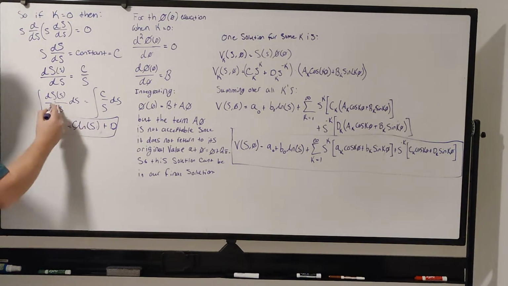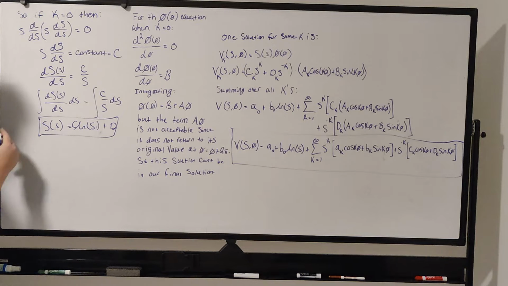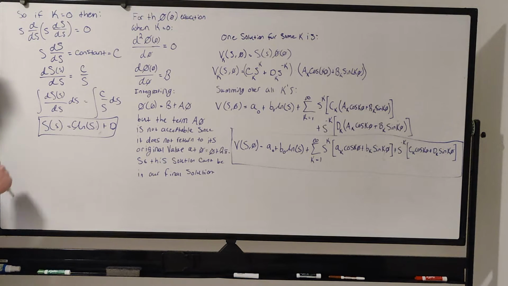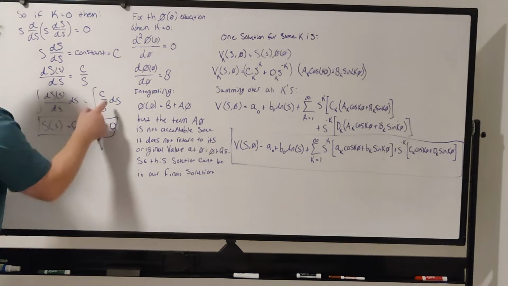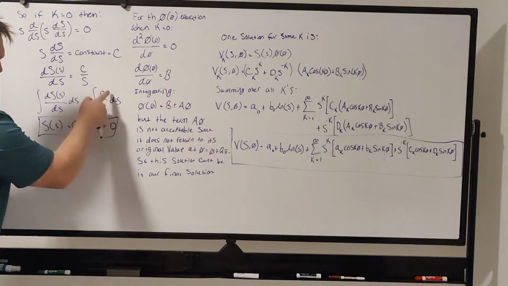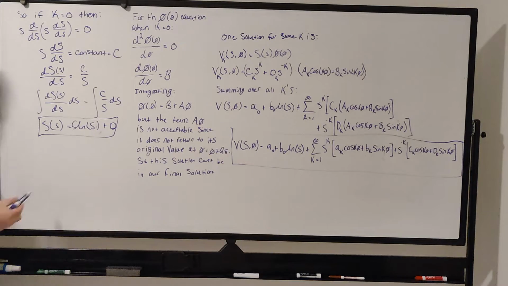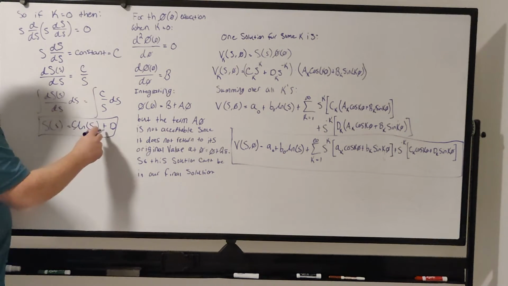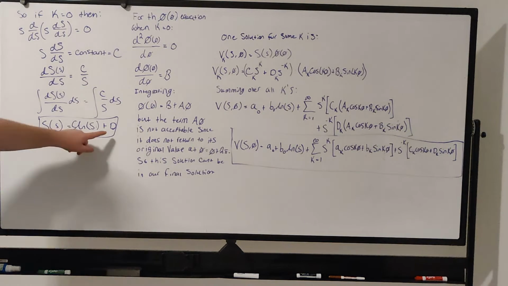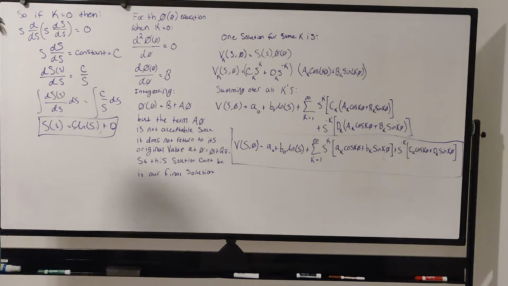This is just the fundamental theorem of calculus here, so taking the integral of this derivative just gives you the function s. So the function s of s is equal to the integral of c times 1 over s, remember c is a constant, so that is c times the natural log of s, plus another arbitrary constant because this is an indefinite integral, so we add another constant. Let's call it d.